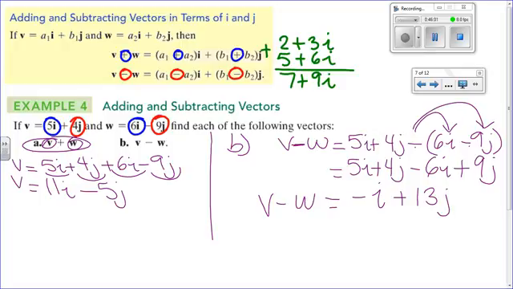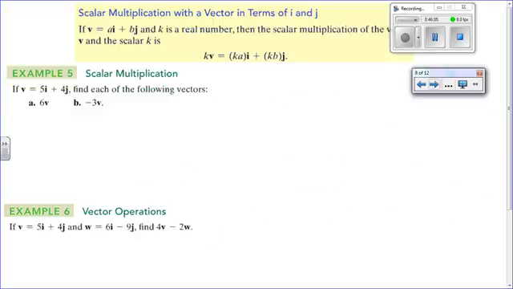So that's adding and subtracting in terms of i and j. Let's move on. Okay, now we could have also scalar multiplication with a vector that is written in terms of i and j, like that.